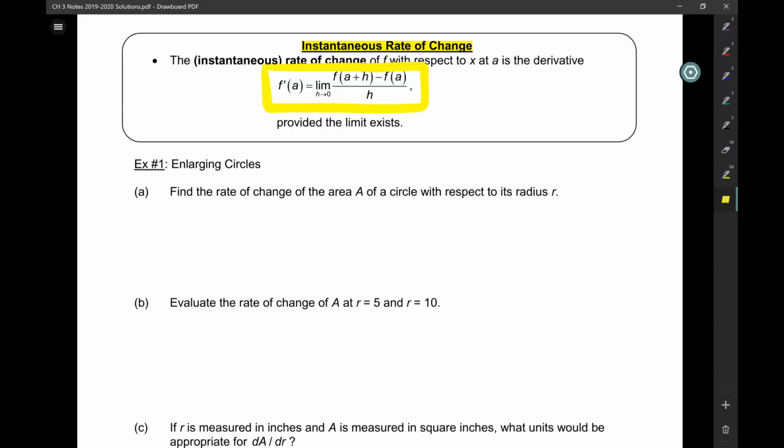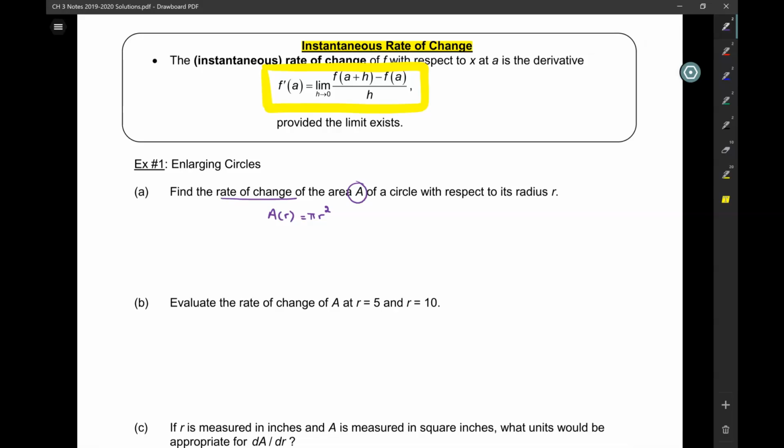When you see the words with respect to, that means your answer should have that variable in there. Okay? All right. We need to find the rate of change of the area. That means you start with an expression or a formula for that quantity that you want to find the rate of change for. So, area with respect to r. Make it look like a function, A of r, like f of x, for a circle is pi r squared.